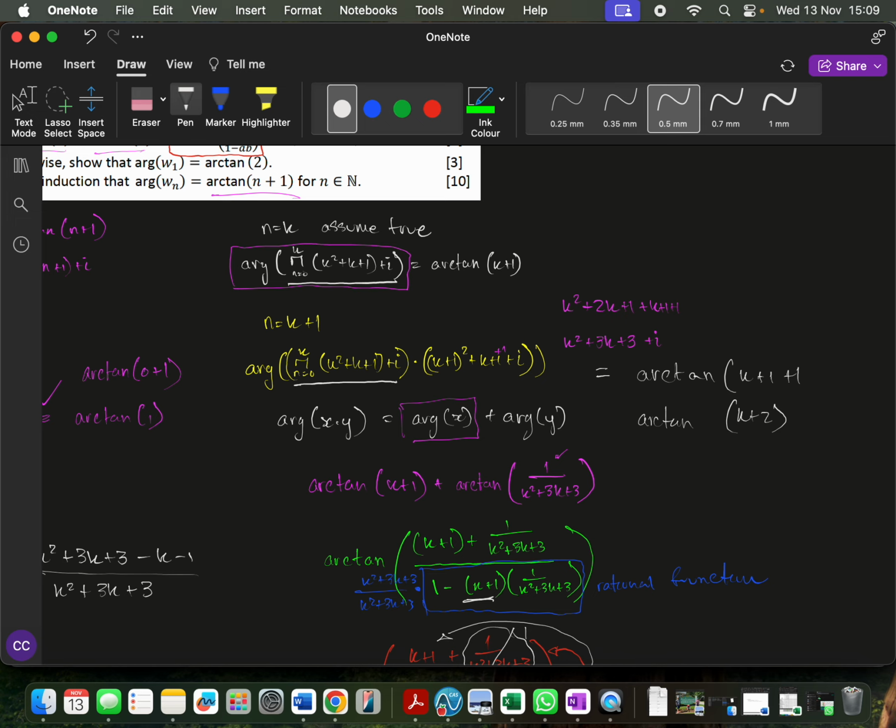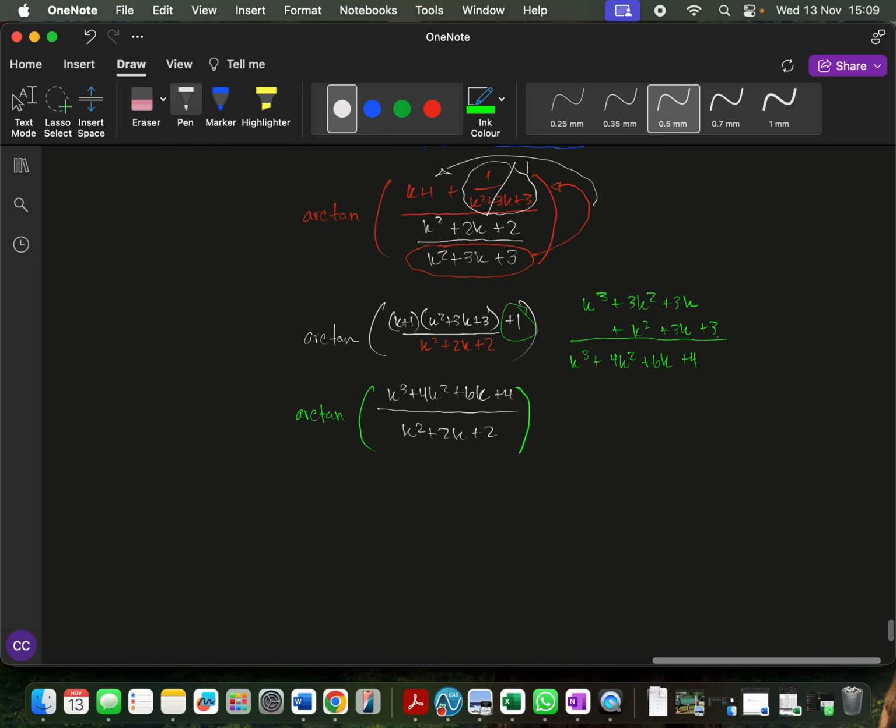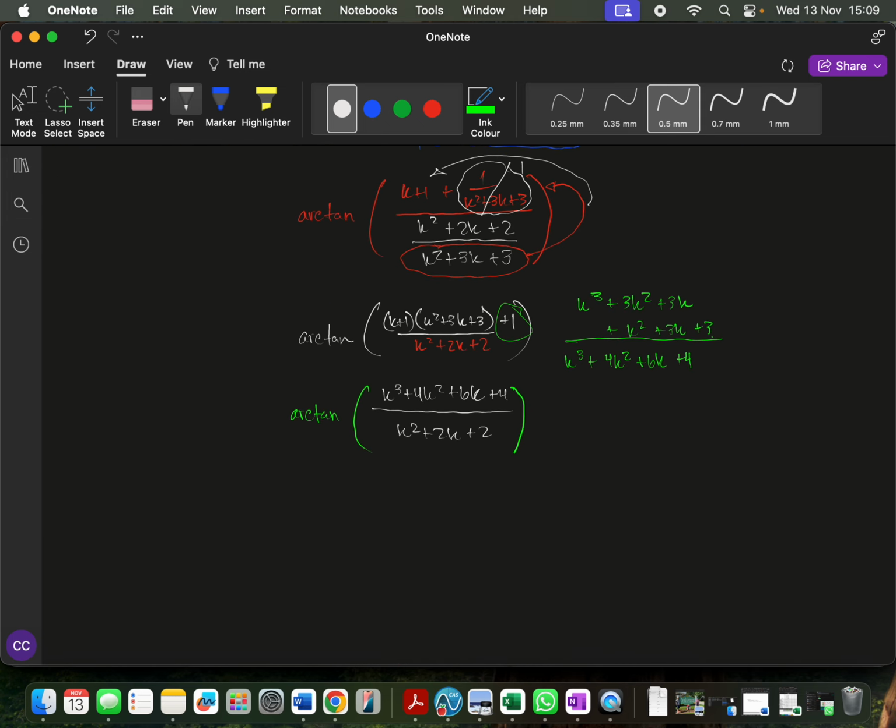So I am going to guess that if I do this polynomial division, I'm going to get a k plus 2 out of it. Let's quickly try this.